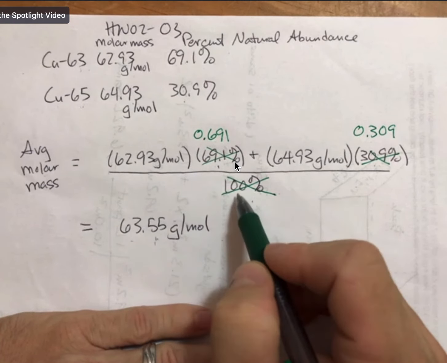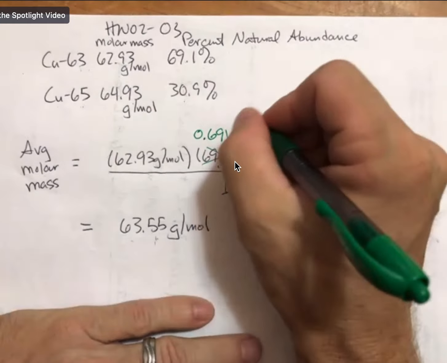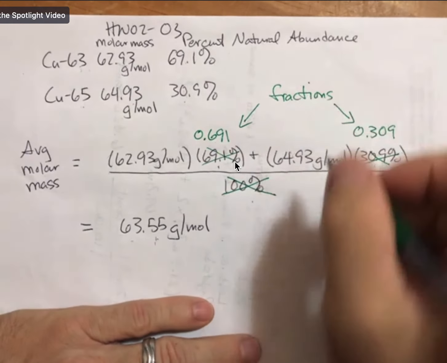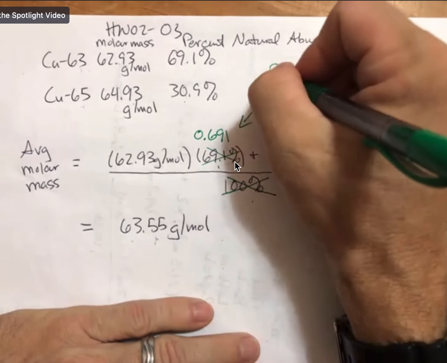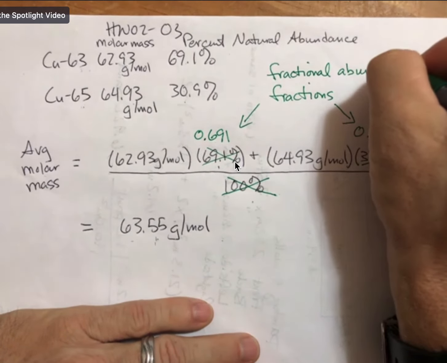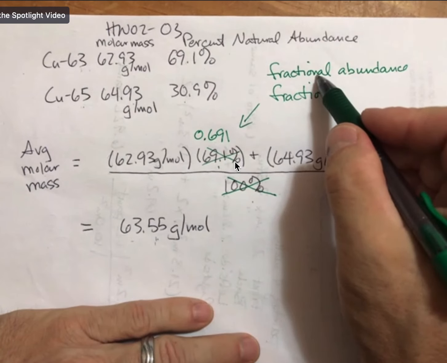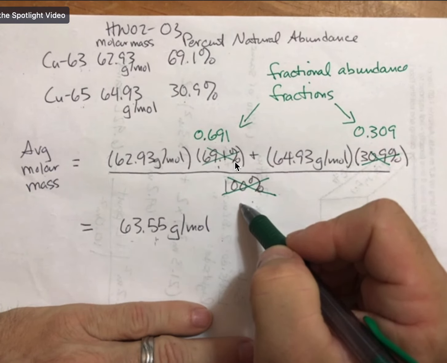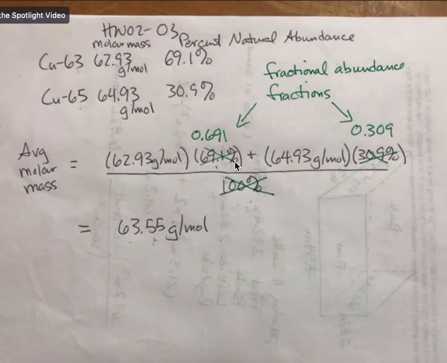So it's like I've factored it out in some ways too. But these are the fractions. Sometimes you'll see it called fractional abundance. And it is true that the fraction that something exists as is always the percent divided by 100, because percent means per 100. Anyway, just thinking of other ways to do this that still get the same answer and might help you understand it. Any other questions about this?